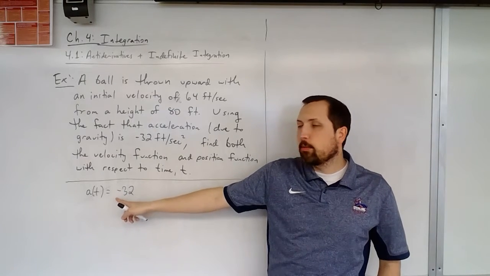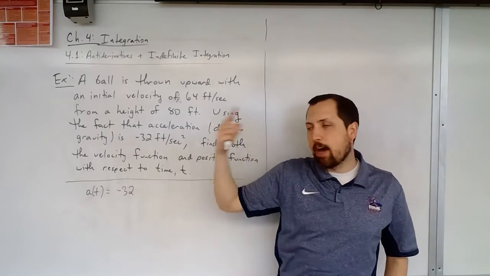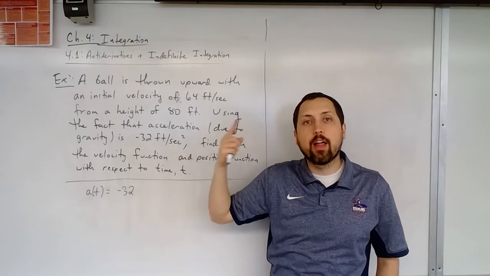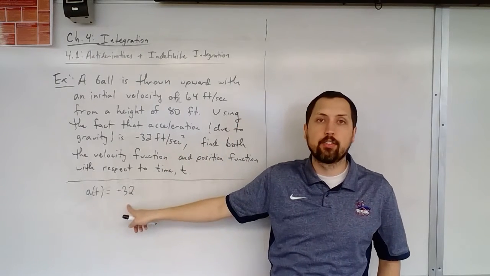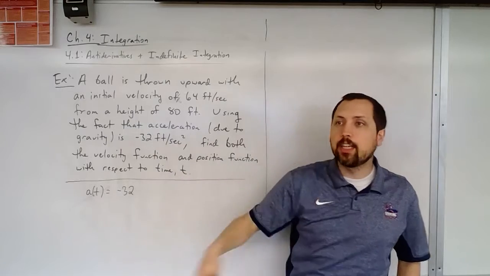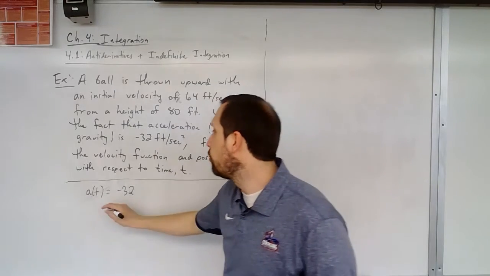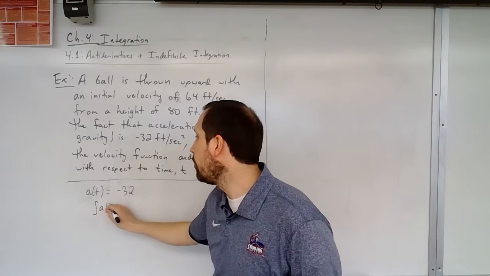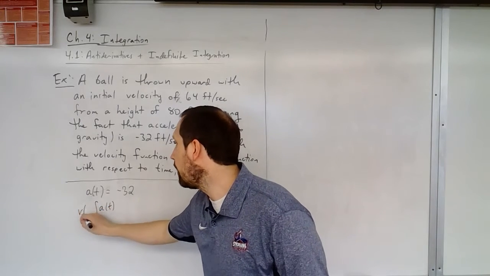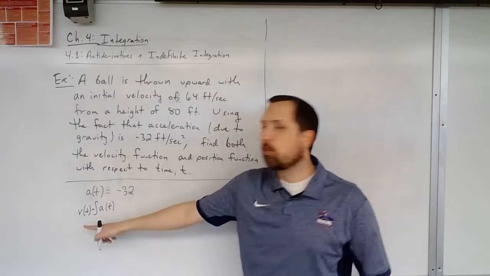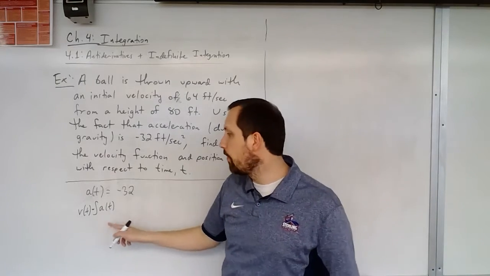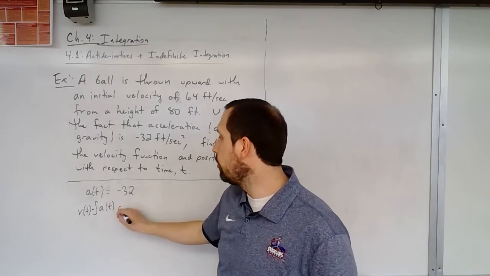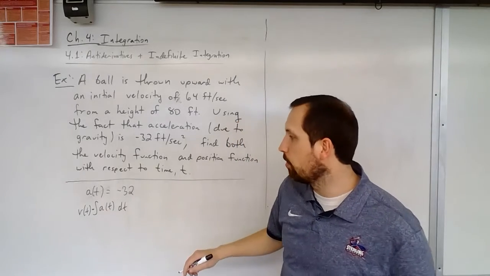So to be able to go backwards now, to be able to figure out what the velocity is, I need to take the integral of this. I need to anti-differentiate and work backwards. So the integral of acceleration is going to be equal to velocity. The velocity is going to be the integral of acceleration, and I'm going to do this where t is the variable.